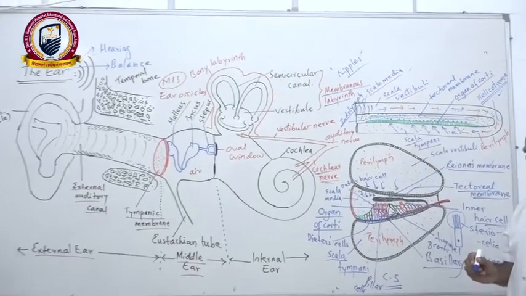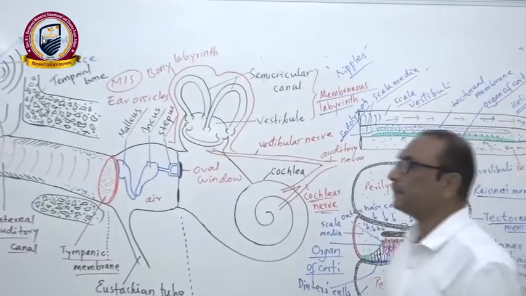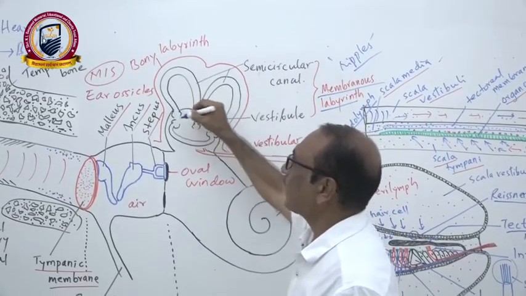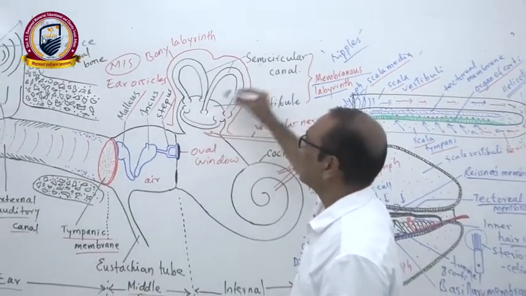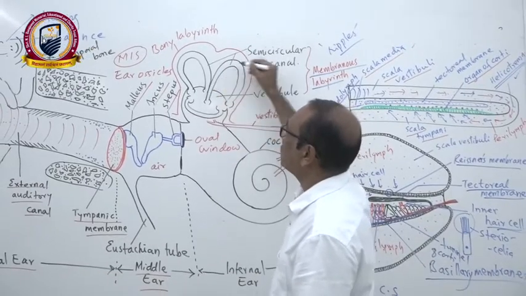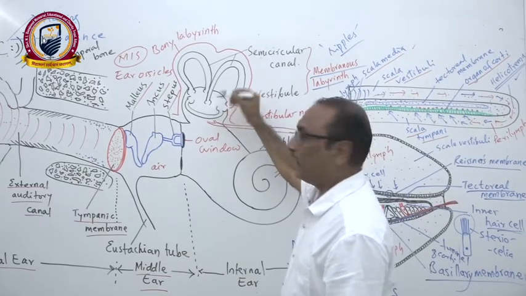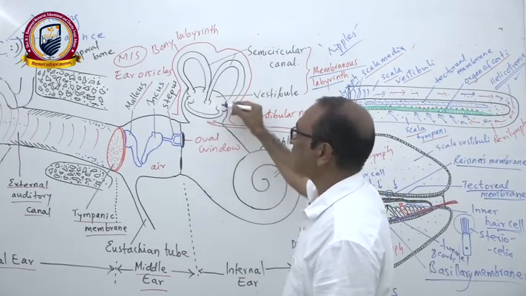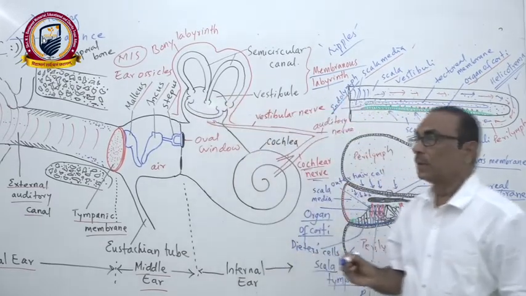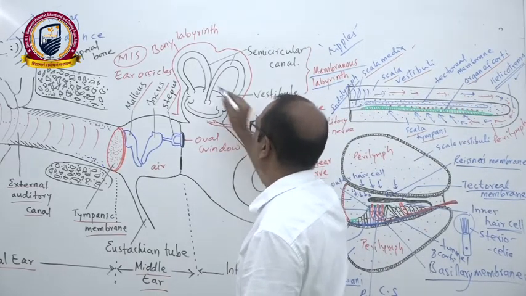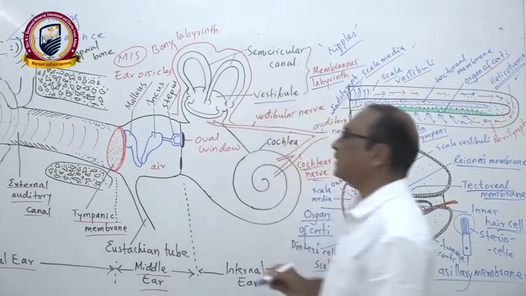This membranous labyrinth has 3 semicircular canals, one anterior and one posterior vertical canal, and another horizontal semicircular canal, which are connected to the vestibule.